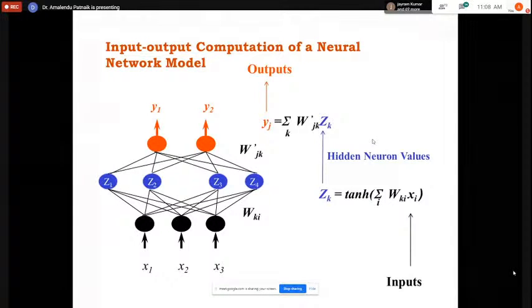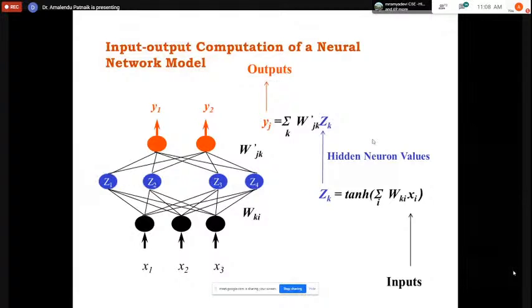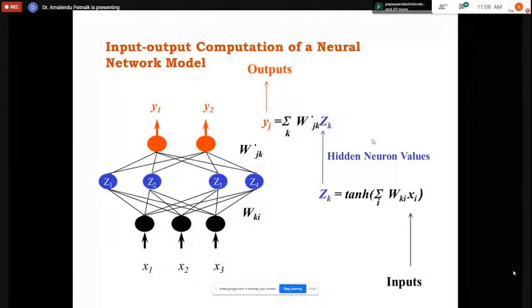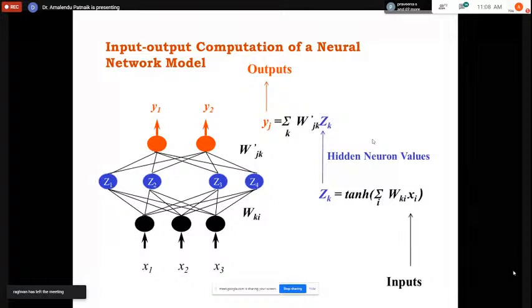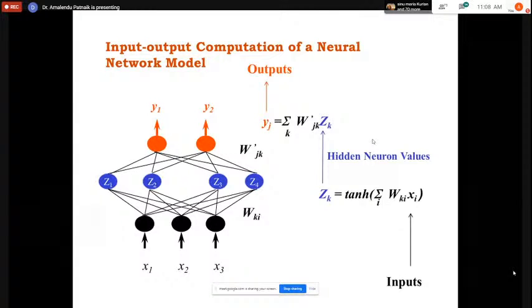Because if you take the sigmoidal transfer function for the output neurons, the problem is that you need to squeeze the data to remain within a particular range, -1 to 1 or 0 to 1. Then after getting the neural network output, again you need to expand that data value.